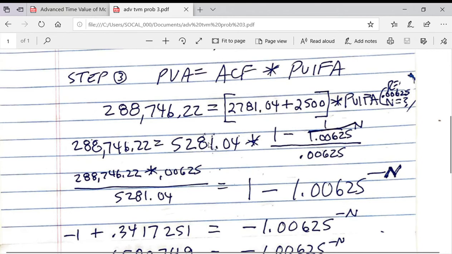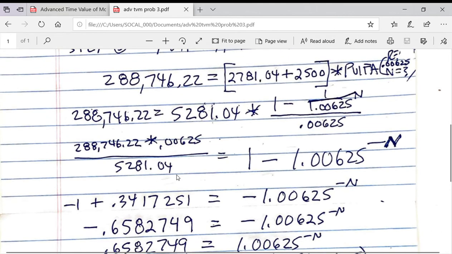I'm going to divide both sides by 5281.04 and multiply both sides by 0.00625. And therefore on the right hand side I'm left with just the numerator here, and I'll write it this way: 1 minus 1.00625 to the minus n power.